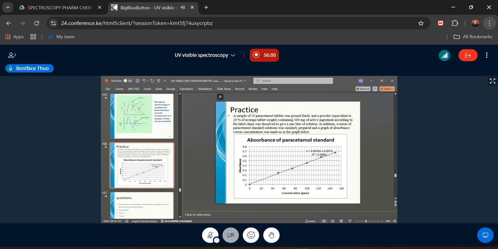So now this gives us a practice of what actually happens. So you have a sample of 20 tablets. This is just an extract of a pharmacopoeia method.